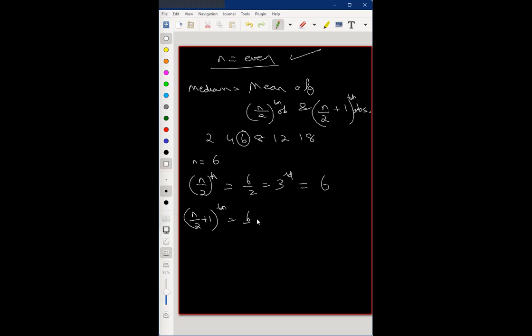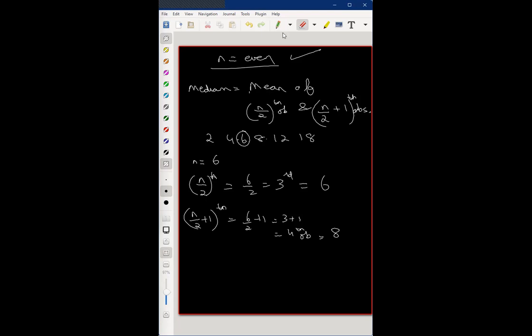So that is nothing but 6 by 2 plus 1, which is again 3 plus 1, which is the fourth observation. What is the fourth observation? 1, 2, 3, 4, 8. Right? It's n by 2 plus 1. Remember that? It's not n plus 1 by 2. There's a difference. N plus 1 by 2 is not equal to n by 2 plus 1. Remember this. This was for odd. This one is for even. Remember that this is a very common mistake.